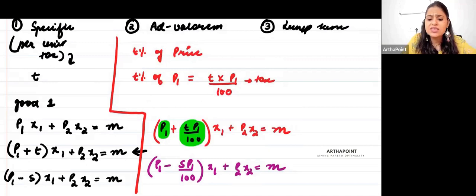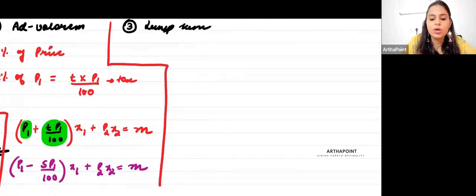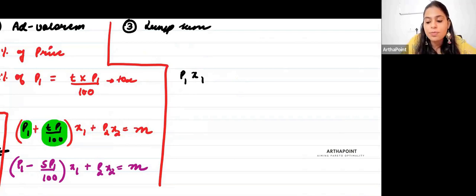Now let's say that there is a lump sum tax. Then what will happen? Well, if it is a lump sum tax, I am not putting a tax on a particular commodity. I am asking, give me 100 rupees as tax. So my income will reduce by the amount of tax.